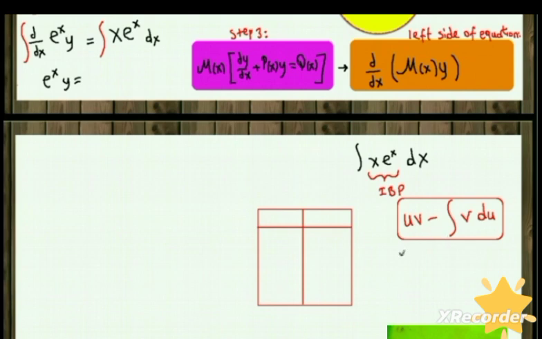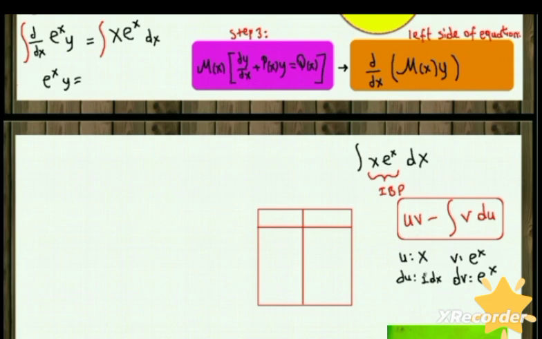Okay, in the formula, we need to define what the u is and what the dv is. So u should be the function which is differentiable very fast, and dv has to be the function which is integrable fast. So after the observation, we can see that the derivative of x is good and the integration of e to the x is good. So the derivative of x is 1 dx, and the integration of e to the x is e to the x.